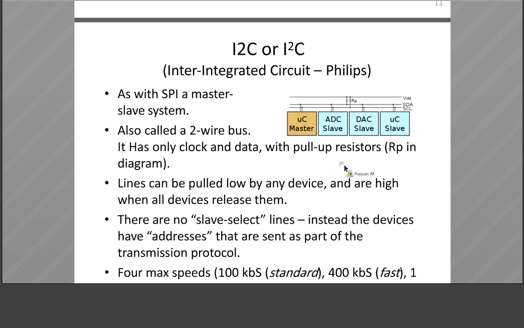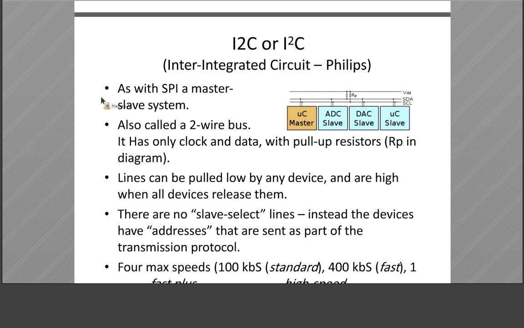Here, as with SPI, a master-slave system. The microcontroller is master, other sensors or actuators act as slaves. Also called a two-wire bus or two-wire interface, TWI.